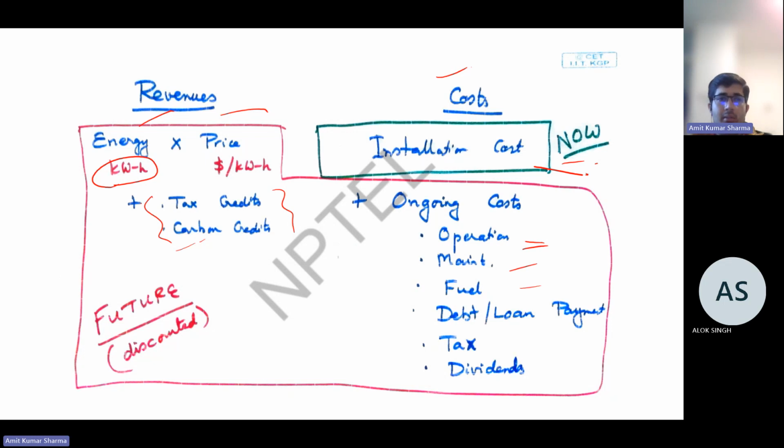In the red box, you have to consider the future cost, because if you are comparing them with this cost, then you have to apply the net present value method. So you have to apply the discount rate formula, and you have to compare it then.